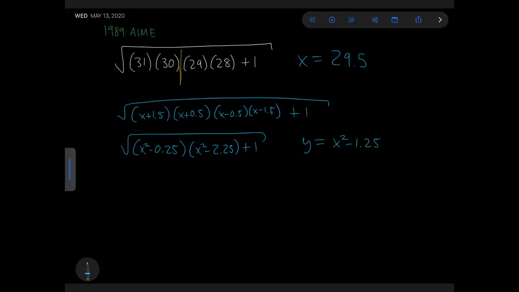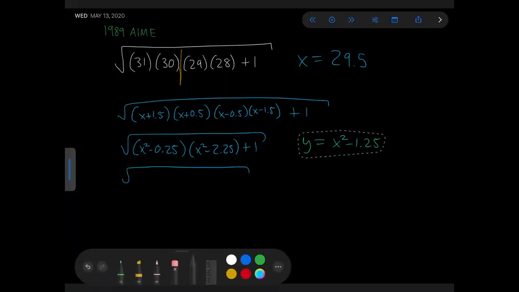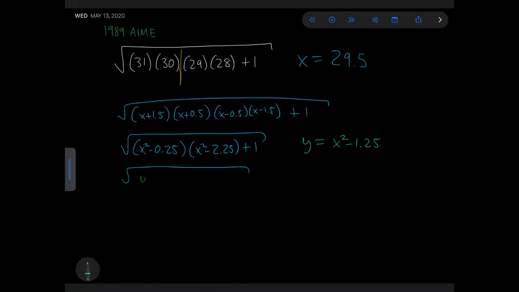And over here, let's change colors to make it more clear, we get y plus 1, y minus 1, plus 1.